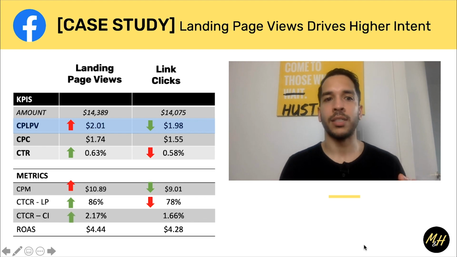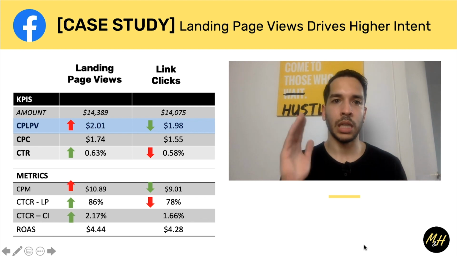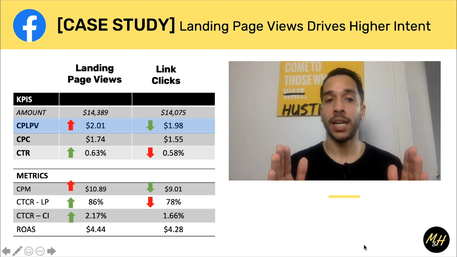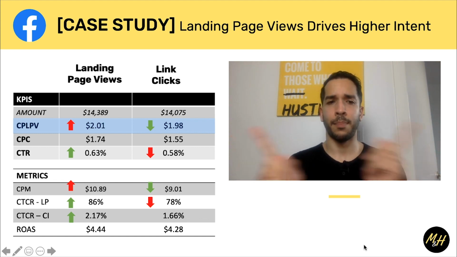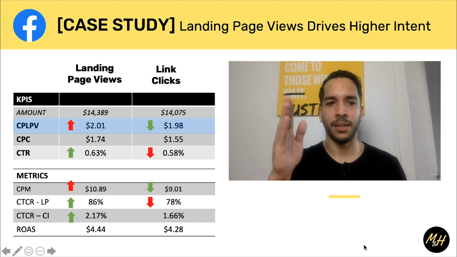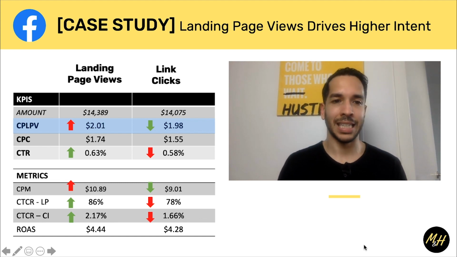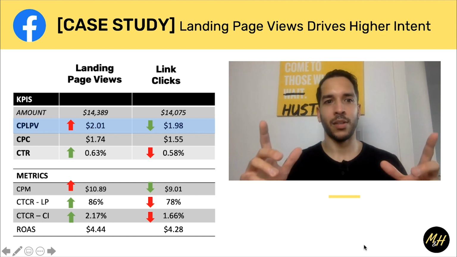And the other thing I looked at was the relationship between people who clicked on the link and then actually initiated a checkout. And I actually just realized that I put those two letters backwards. It should have been IC. So the click to conversion rate for the landing page view was 2.17% versus 1.66% for link clicks. So again, think about this.